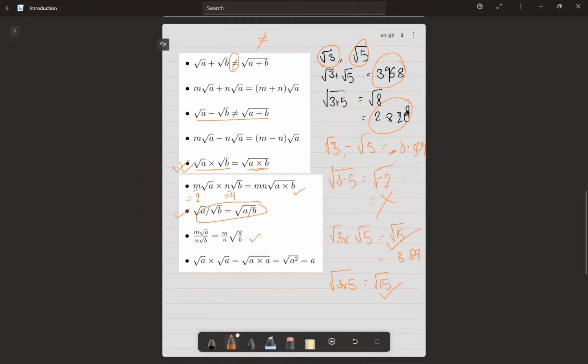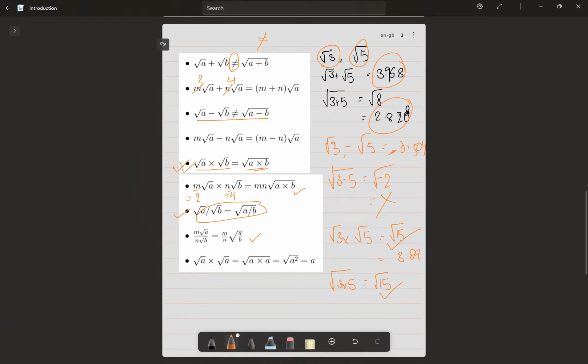Now, for addition and subtraction, here you have m and n as two separate numbers. As I was telling earlier, let's take the value of m to be 2 and n to be 4. Then you have 2 root a and 4 root a. So you have 2 roots of a and 4 roots of a, which makes it 6 roots of a, right?